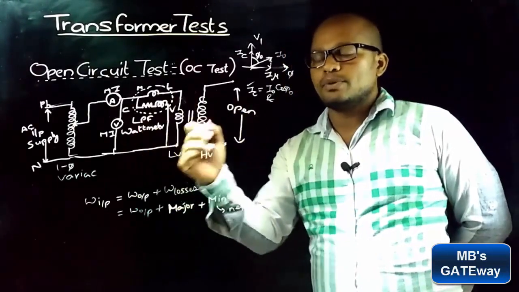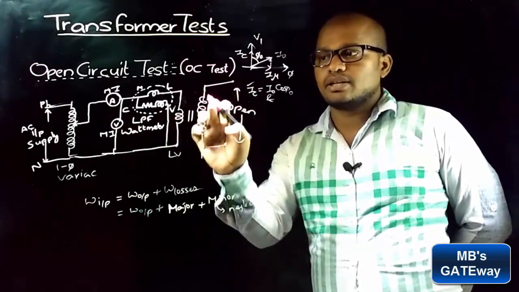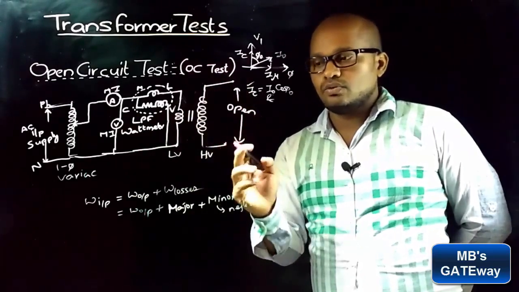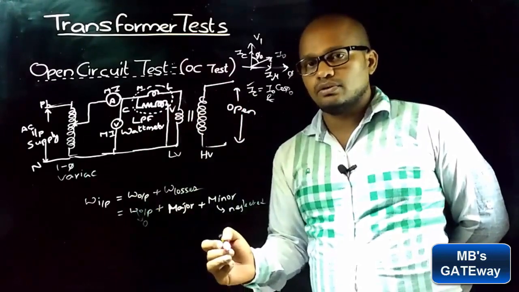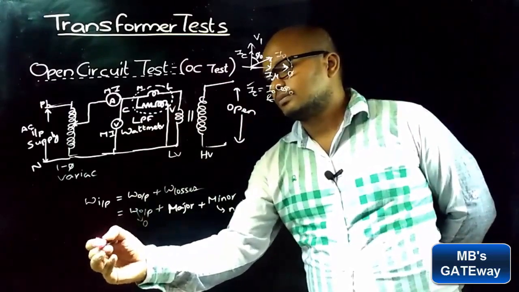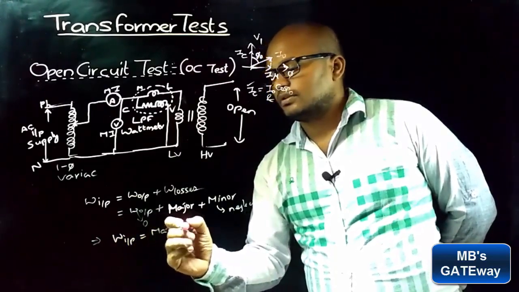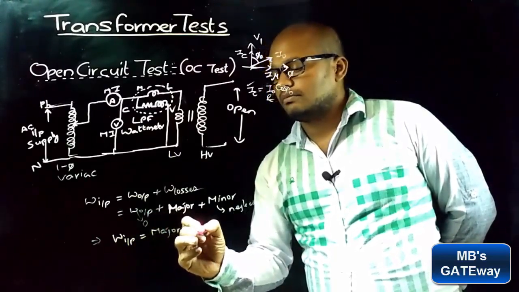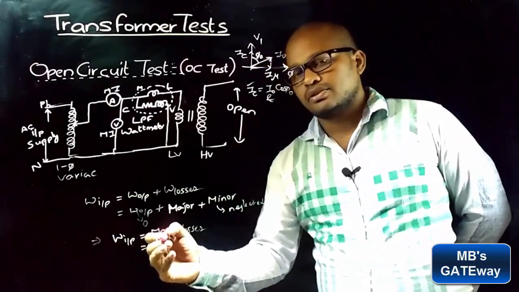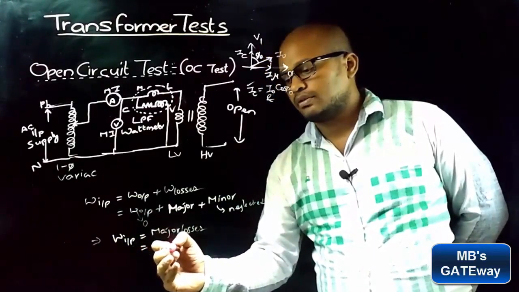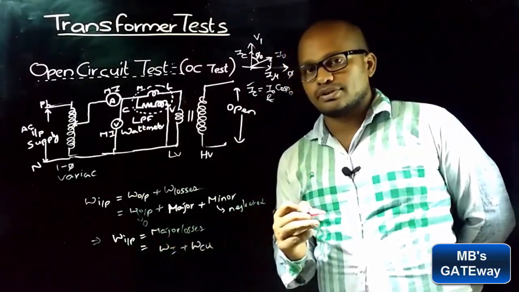And as this open circuit test is a no load test, the output power is 0 because current I is 0. Therefore, input power is equal to major losses, and major losses in the transformer are iron losses and copper losses.